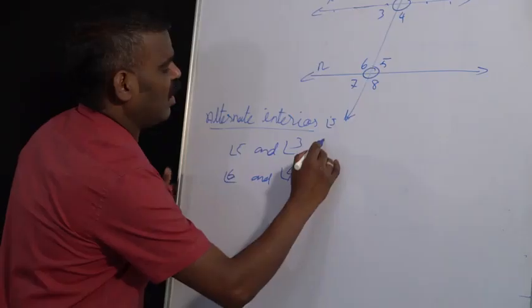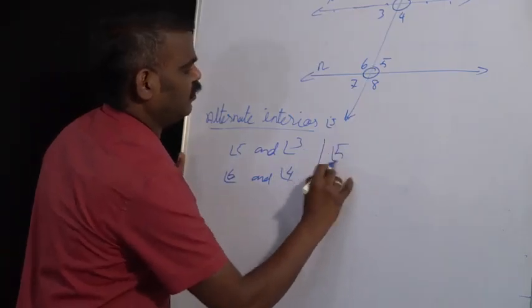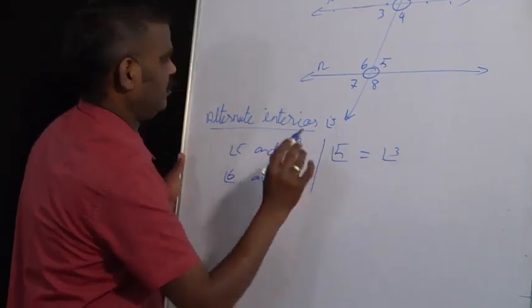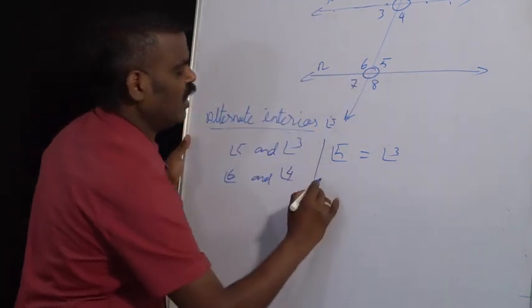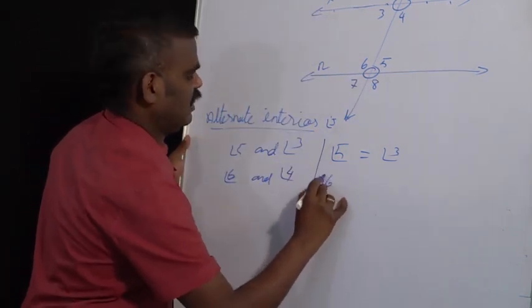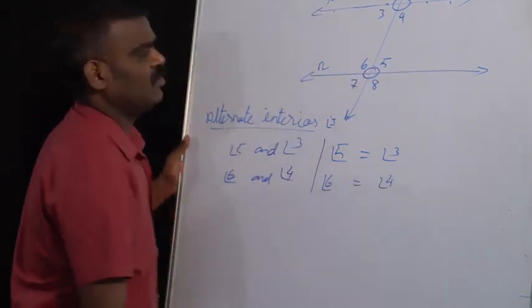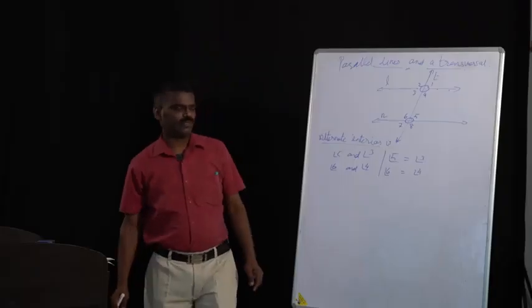Alternative interior angles are always equal. So 5 and 3 are equal, and 6 and 4 are also equal.